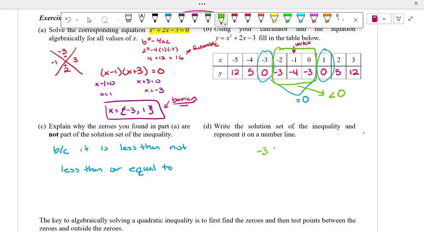-3 is less than, not less than or equal to, less than x, 1. Good. So you can write it as a, who remembers what this is called? You learned it back in math 1. Well, it's an inequality, but it's a specific type of inequality. What's it called?